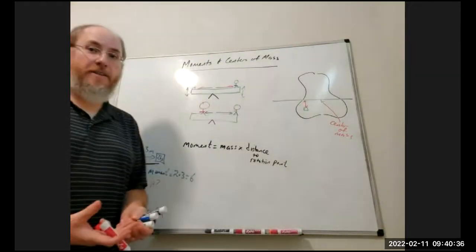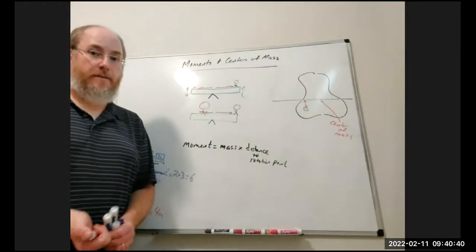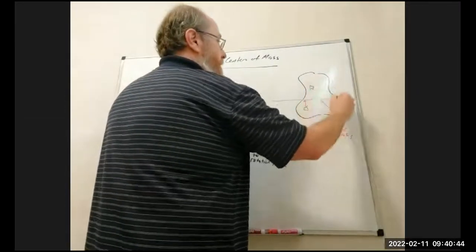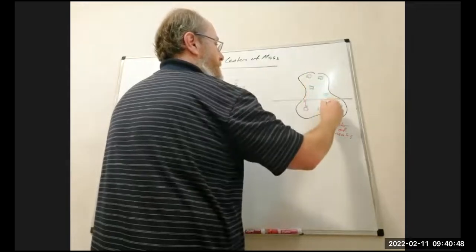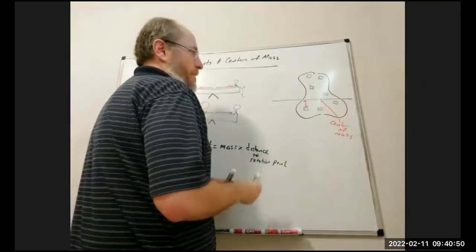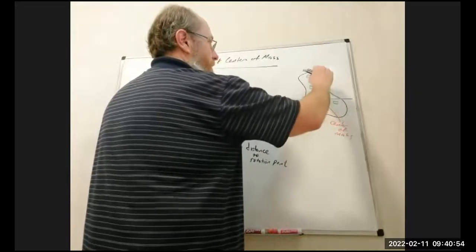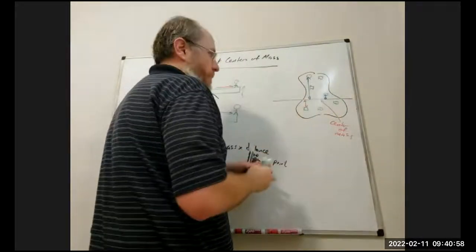So I can calculate its moment by taking its mass times its distance to that axis. And then I'm going to do that for every little chunk that makes up this object. Right? So I'm going to be able to calculate the moment of that little guy, and the moment of this one, and so on and so forth.